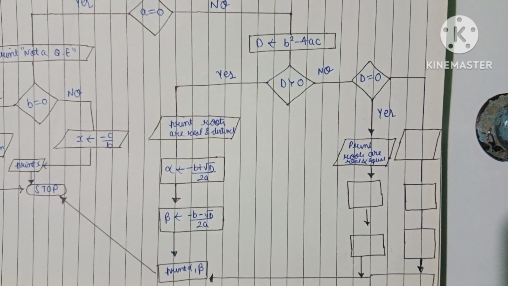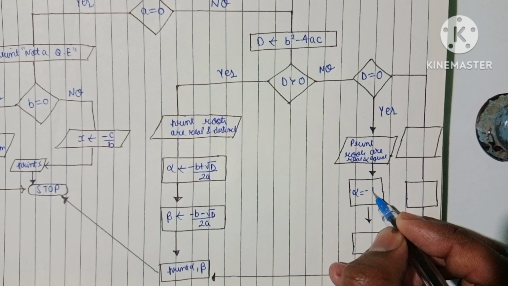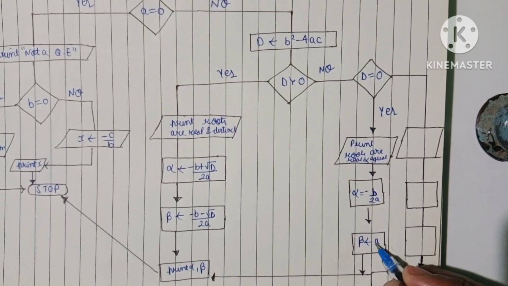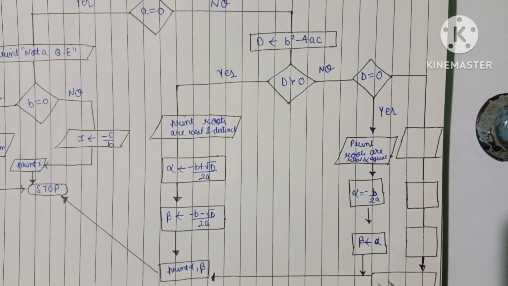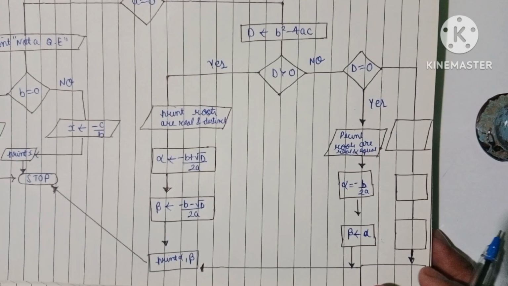It means our roots are in real value, but both are equal. So we will find alpha equal to minus b upon 2a, and beta equal to, since both are equal, we assign the value of alpha into beta and just print alpha and beta values and stop the algorithm.